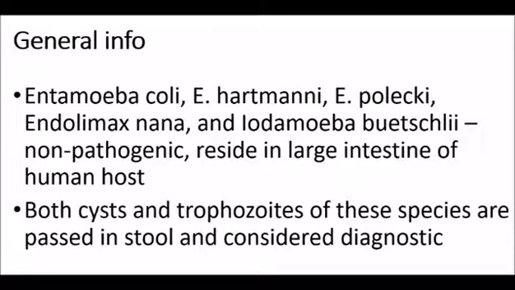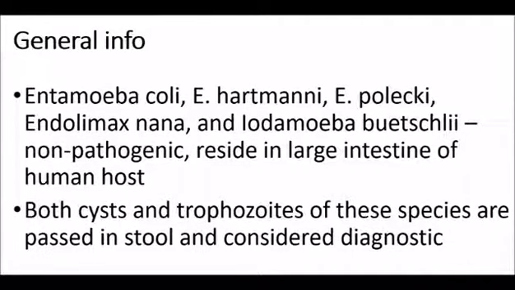Just some general information. There's a handful of them: Entamoeba coli, Entamoeba hartmanni, Entamoeba polecki, Endolimax nana, and Iodamoeba bütschlii. They're all non-pathogenic, and they all reside in the large intestine of the human host. If they're non-pathogenic, why do we care?